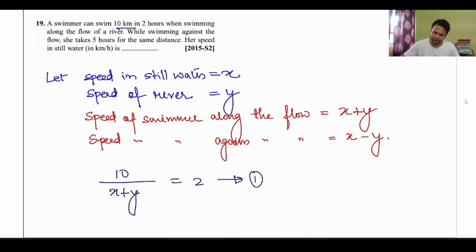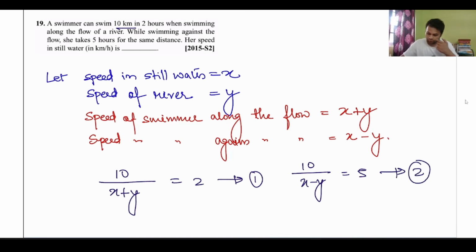And while swimming against the flow, she takes 5 hours for the same distance, so 10 divided by x minus y is equal to 5, equation 2. If I solve these two equations, equation number 1 will become 2x plus 2y is equal to 10. Equation 2 will be 5x minus 5y is equal to 10.